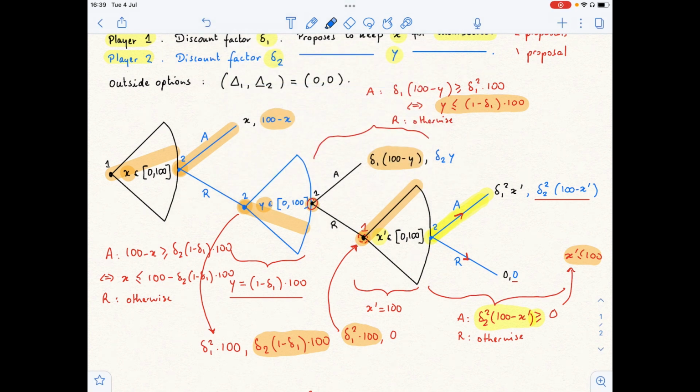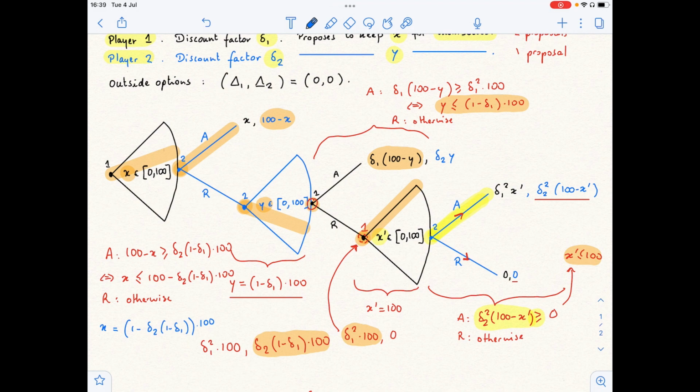So they will choose to offer exactly x equal to 1 minus delta 2 times 1 minus delta 1 times 100. All right? So that's the amount that they will choose to offer in this period.